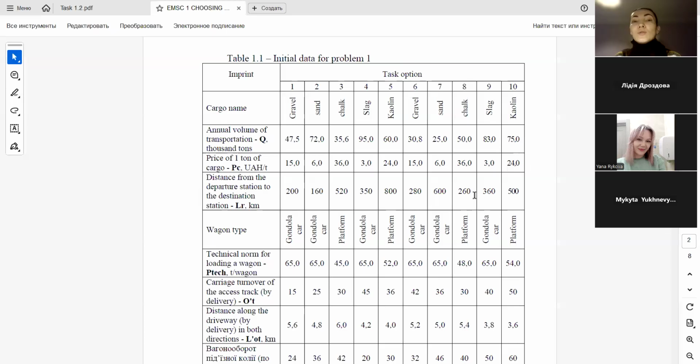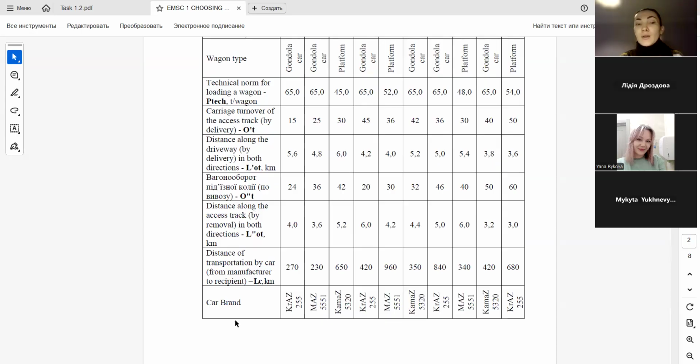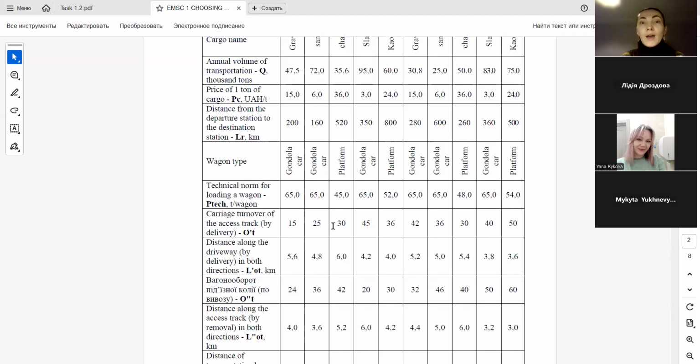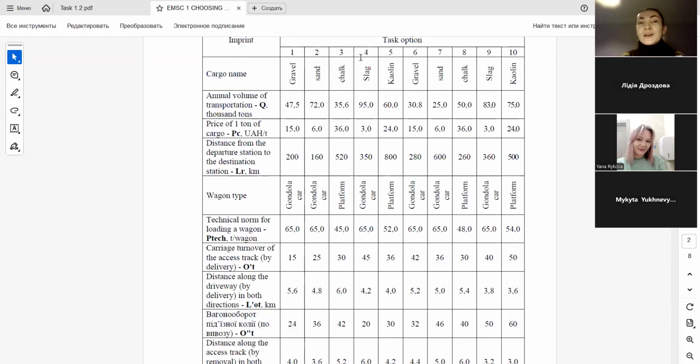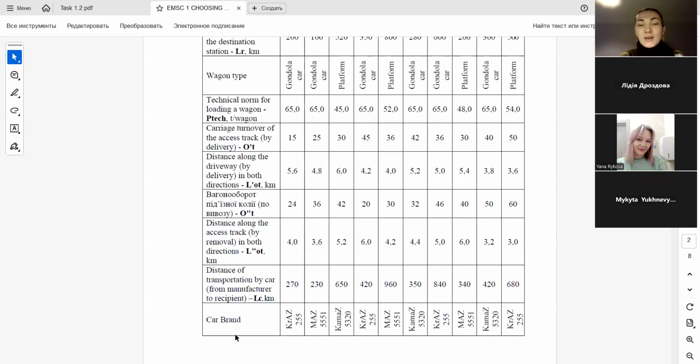Okay, I open these documents with our information by the variants. It's the same table, we already used it. Now we use the information about car transport, and we need to find the distance of delivery. It is the second line from the end: distance of transportation by car from manufacturer to recipient, L with index C in kilometers.